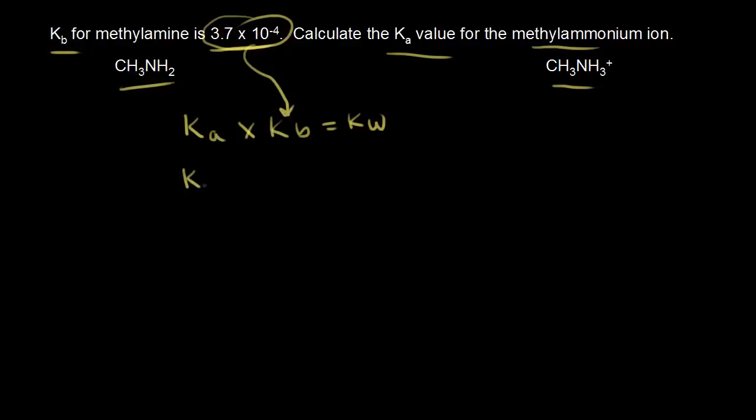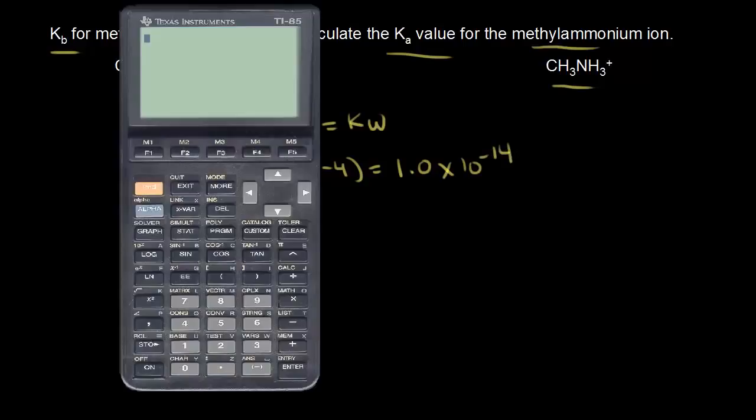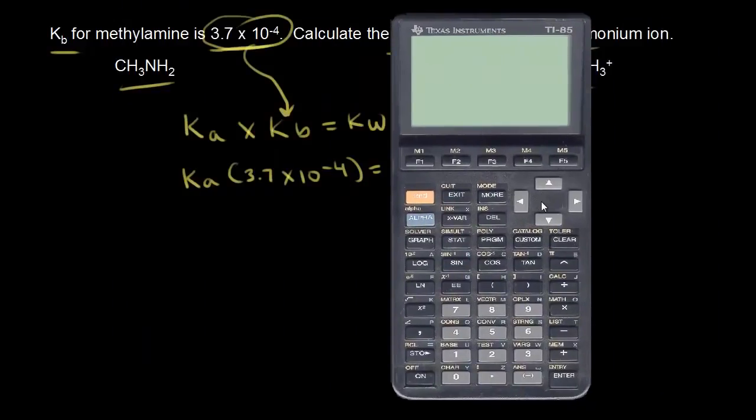And so now we have Ka times 3.7 times 10 to the negative 4 is equal to Kw, which is 1.0 times 10 to the negative 14. So let's do the math and solve for Ka. So 1 times 10 to the negative 14, we need to divide that by 3.7 times 10 to the negative 4.